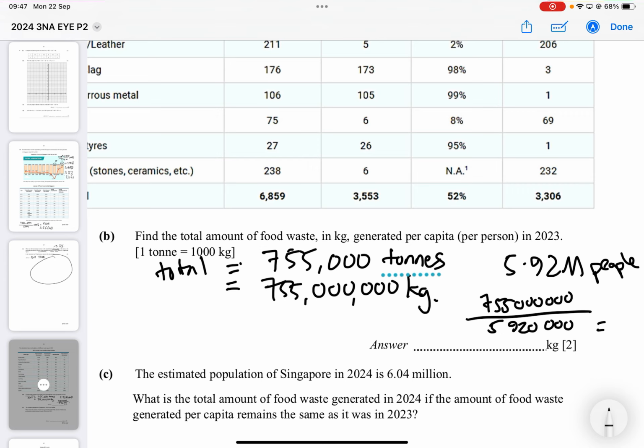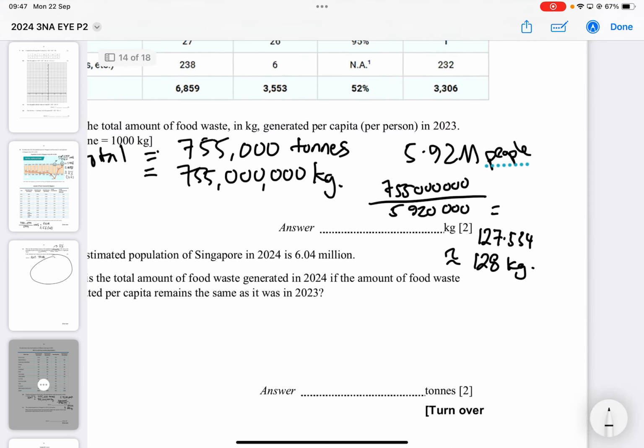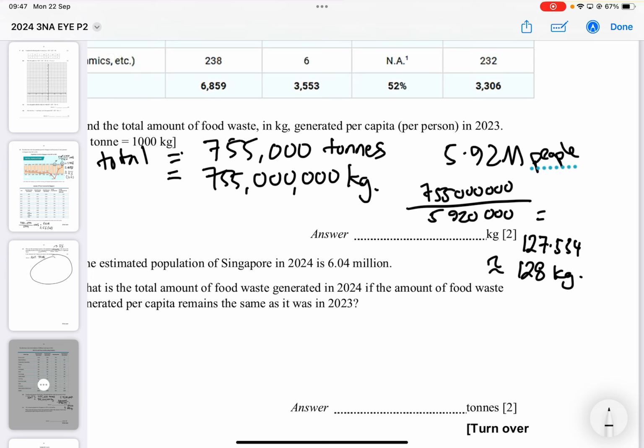Then my calculator will tell me 127.534 or roughly 128 kg. Three significant figure.